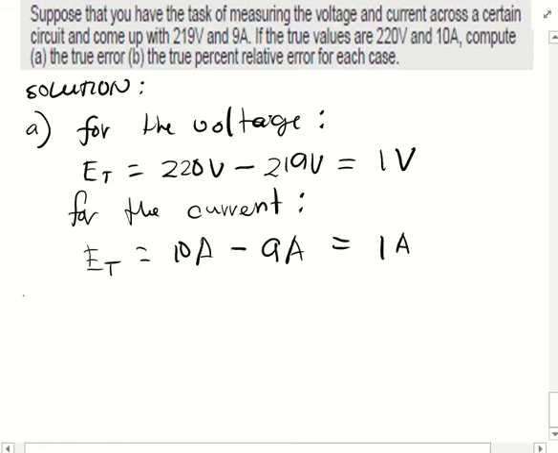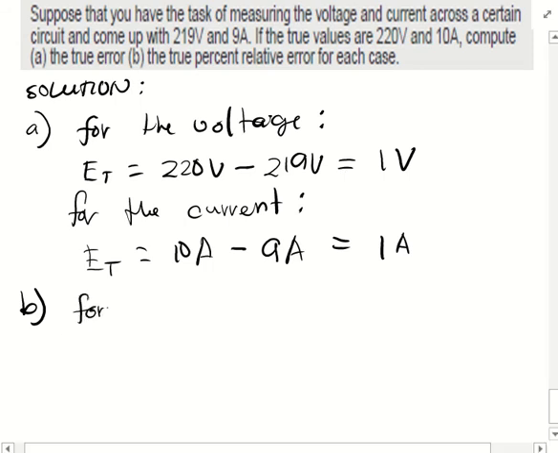Next, for letter B, how about the true percent relative error? Now, if you again observe this one, they have the same magnitude. It's 1 and 1, the same true value of the error. But how about the relative error? What's the difference between them?